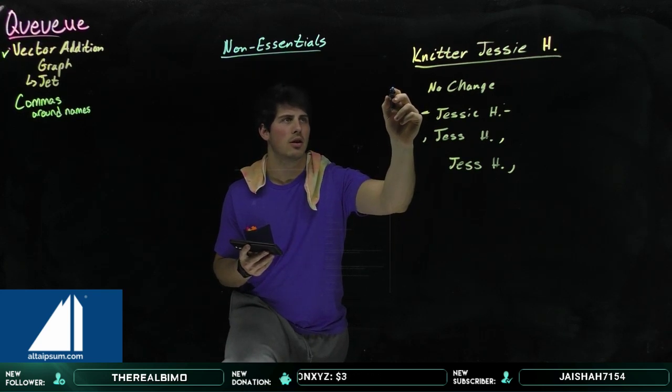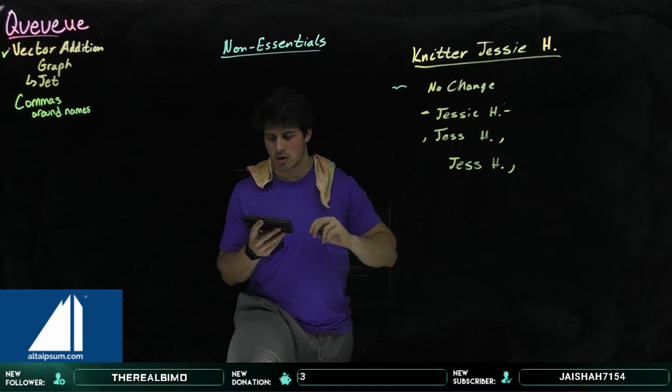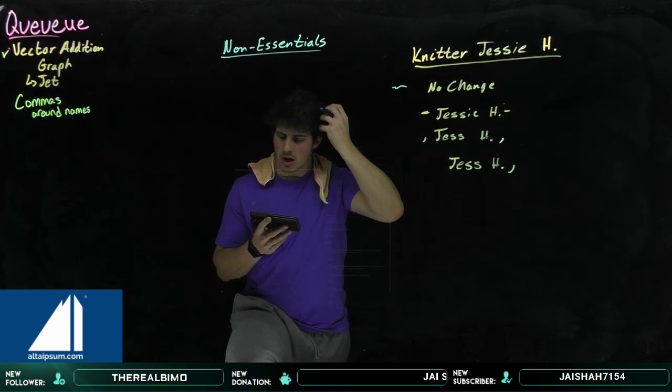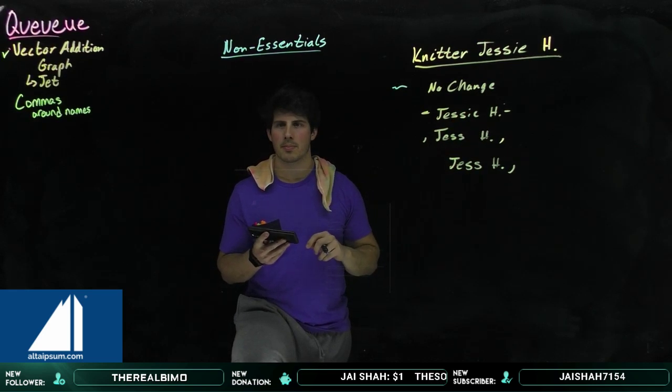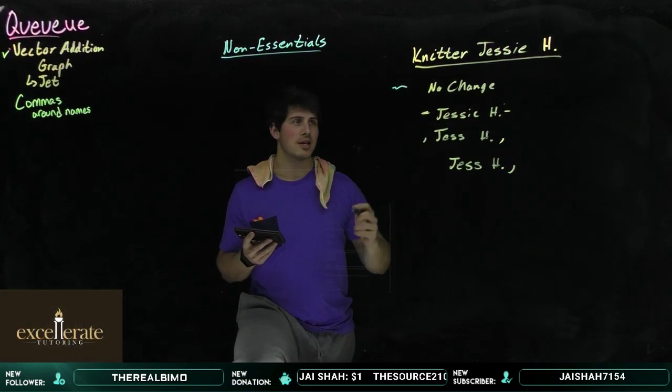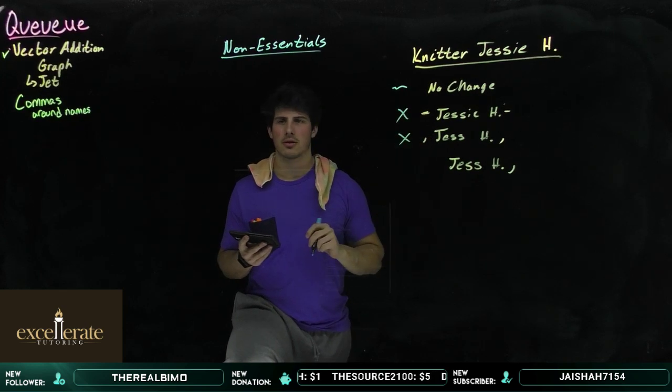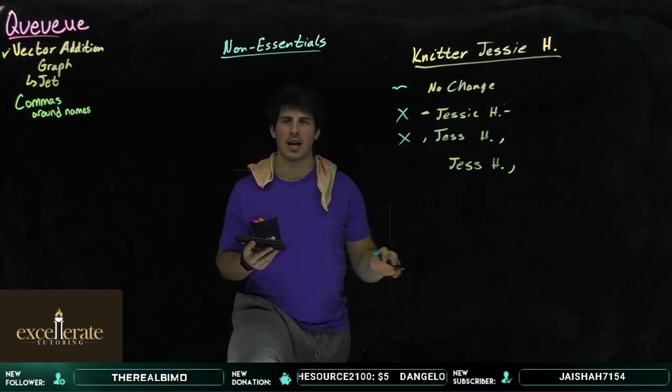So maybe. How about Jessie H with the dashes? So both of these actually are going to be non-essentials, which for me means that I can cross both of them off immediately. Kind of a little pro tip.